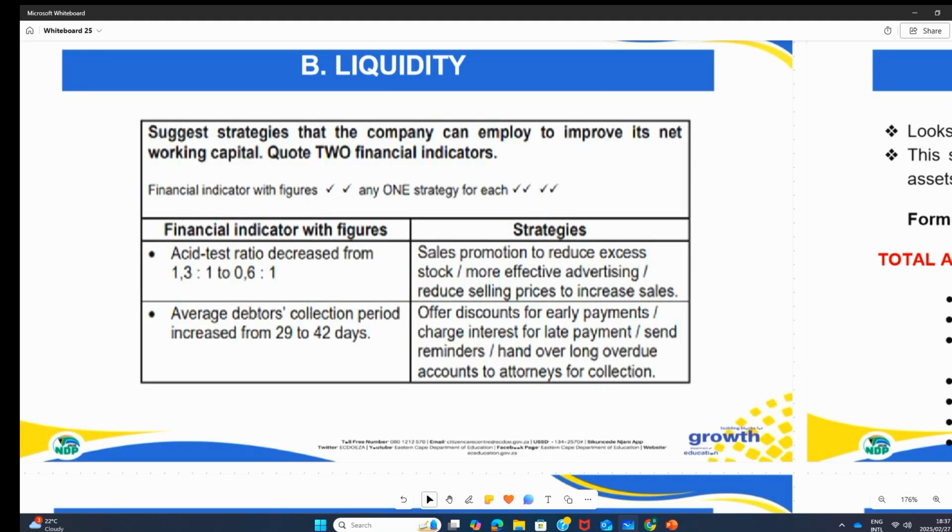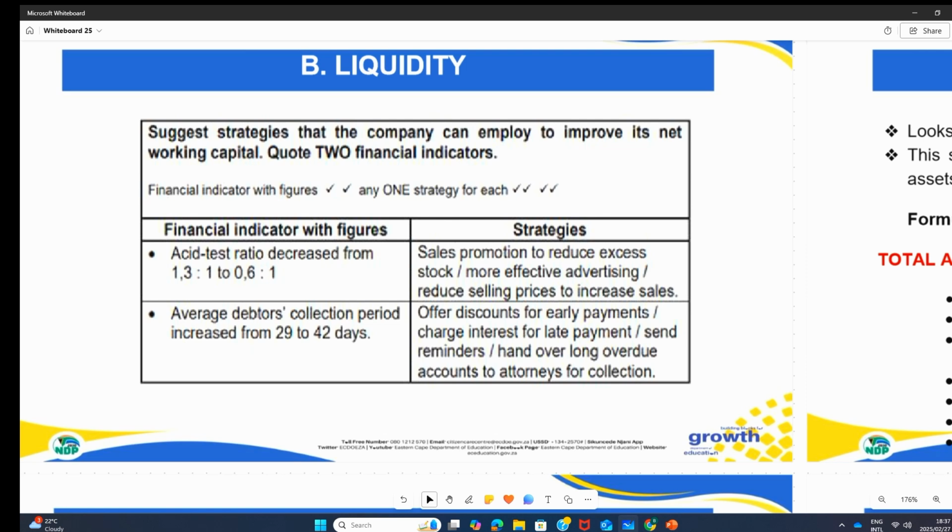So that's why, when we look at our answer for this question, you will see that these are the two financial indicators that we would use. Even though we have identified 4 in the information, only these 2 are suggesting that there's an improvement needed in our net working capital.